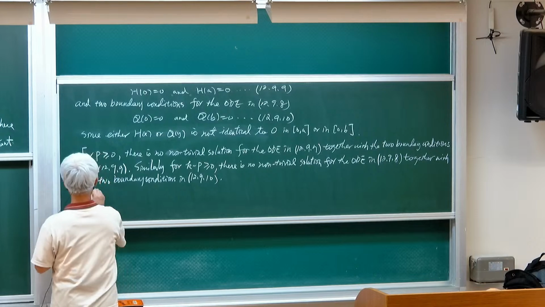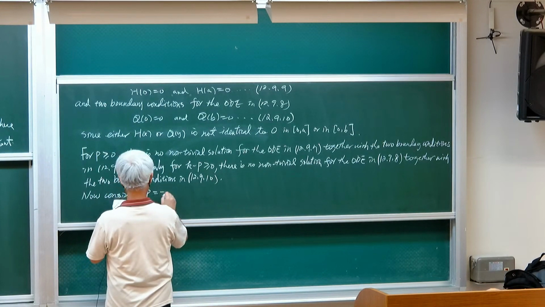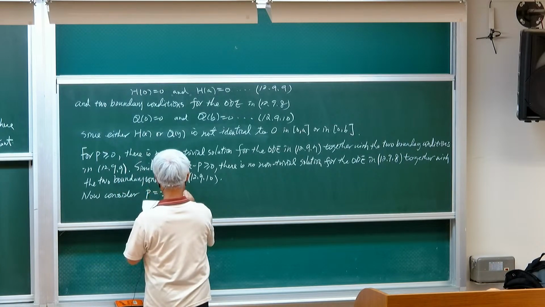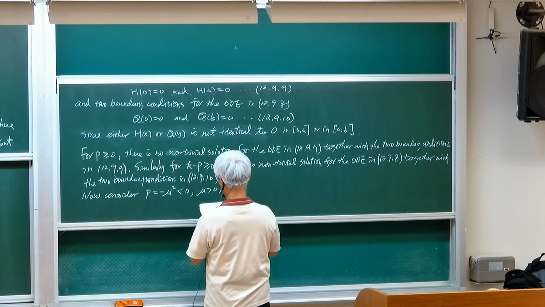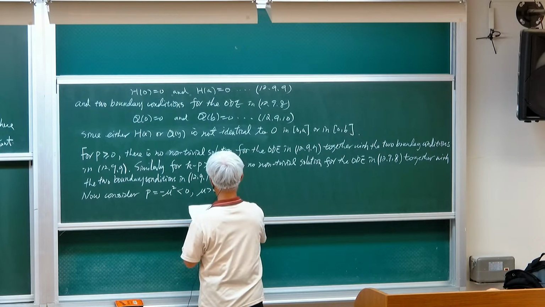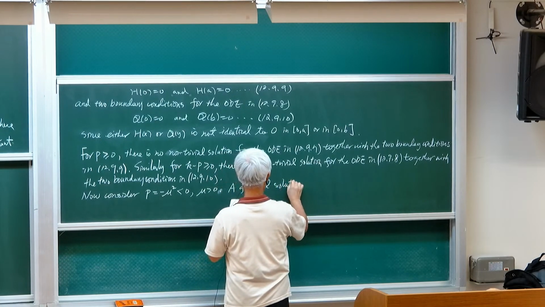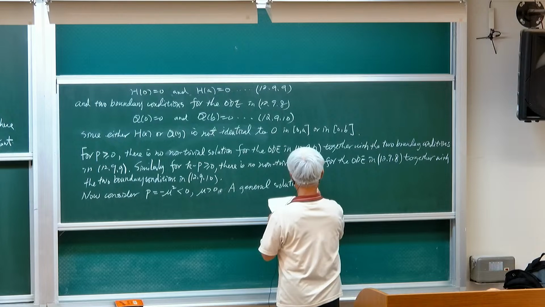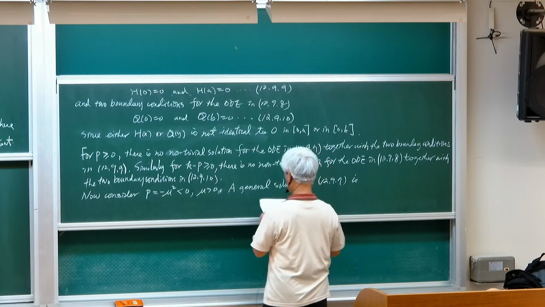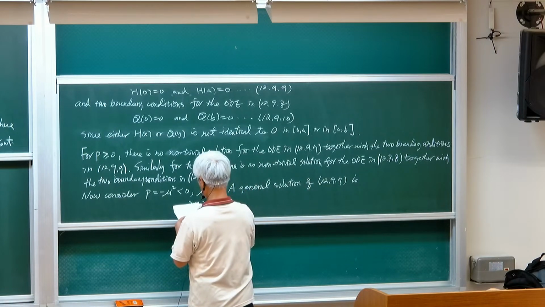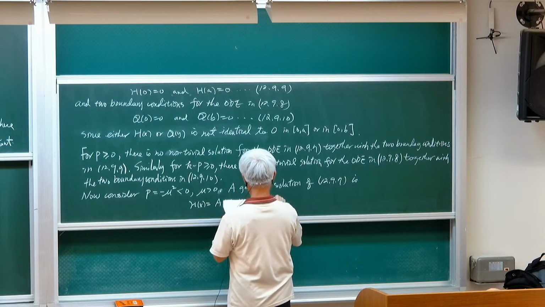So now we consider P equal to minus mu square, which is negative. The original solution of 12.9.7 here, h of x equals a cosine mu x plus b sin mu x.